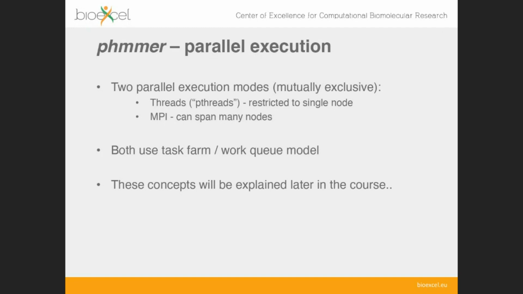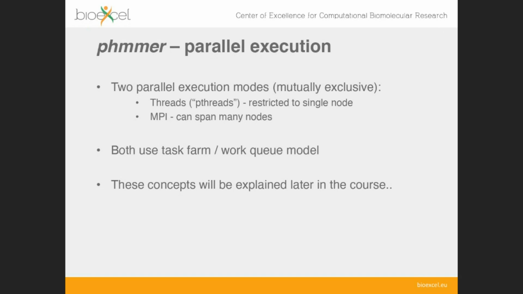Because these are messages being sent, rather than threads trying to access the same shared memory, this can run across shared memory nodes. So cores on one node can send messages to cores on another node, so it can run on many more nodes. So you could see how fast you can speed up the biggest problems you can run.